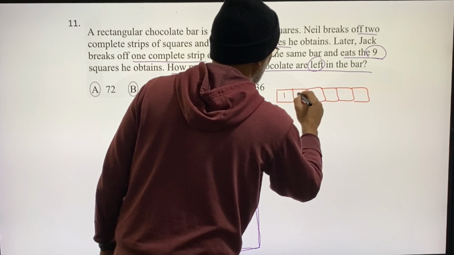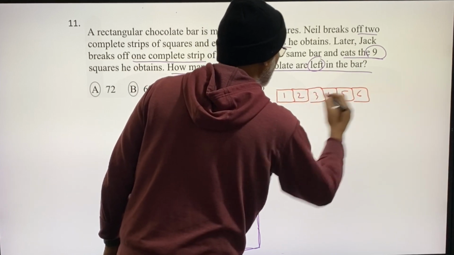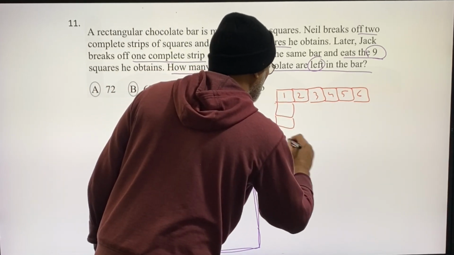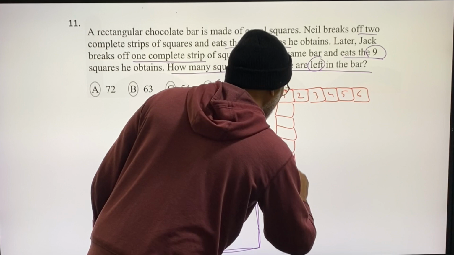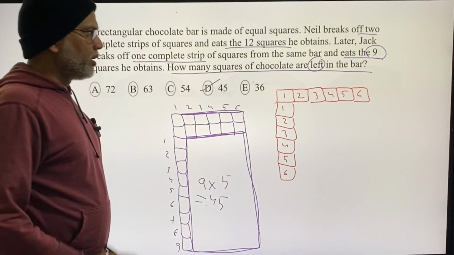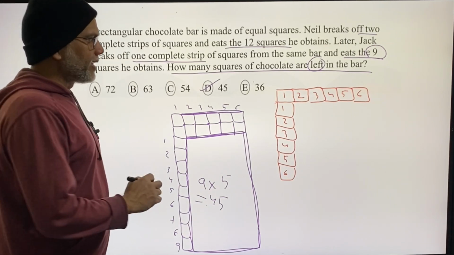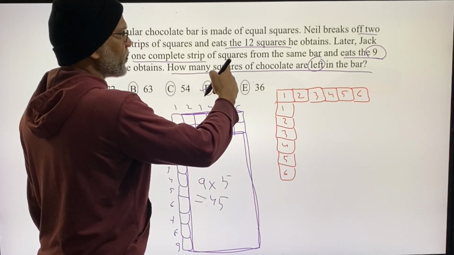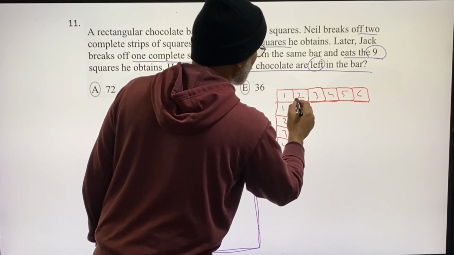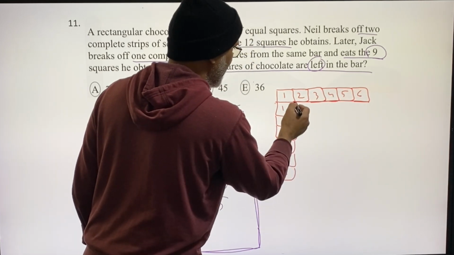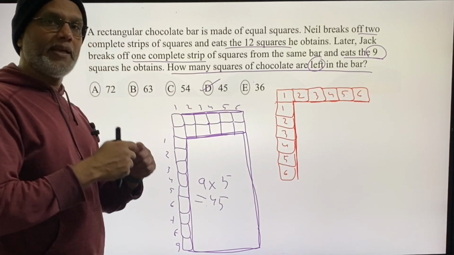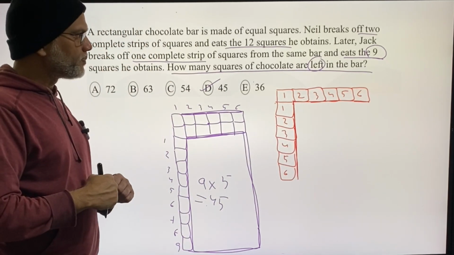So this strip has 6, and then he can break another strip like this, 1, 2, 3, 4, 5, 6. But the problem with this is that later Jack needs 9, but this way there are only 5 remaining, right? 1 is already taken, so 1, 2, 3, 4, 5 is remaining, and this way we have only 6.